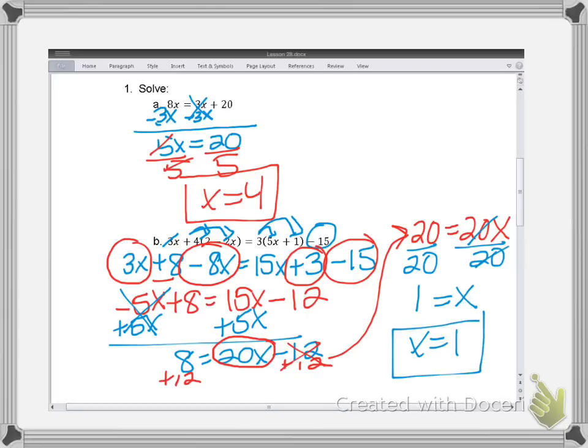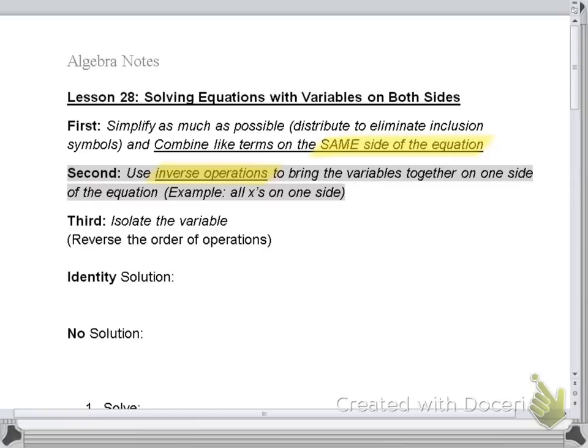Okay, now we're going to go back to those vocabulary terms on the first page of your notes. The first one is identity solution. An identity solution is, if you remember back to the identity properties, when we talked about how an identity is what you would see in a mirror.